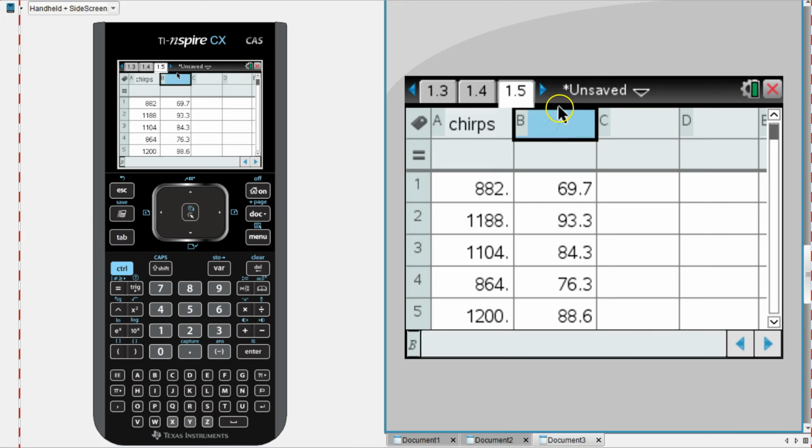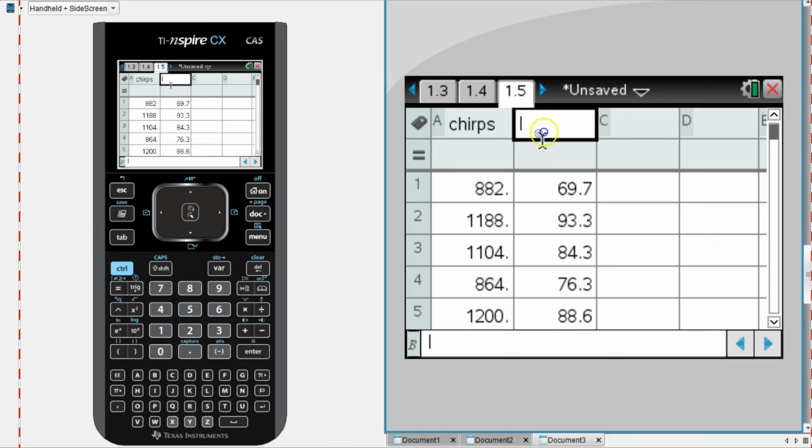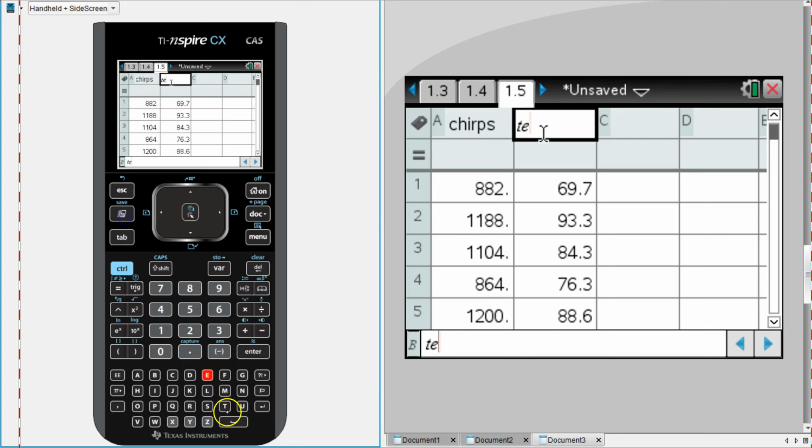And we're looking at temp. Oops, come on now. There we go. All right, so get those typed in.